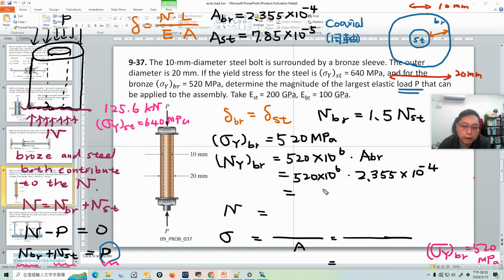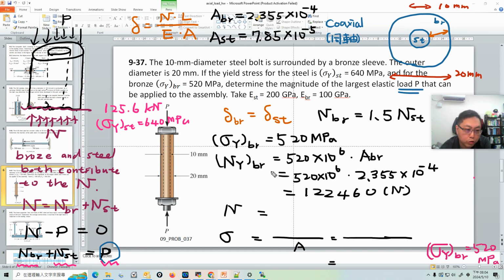So what's the normal force now? 520 times 10 to the power 6 times 2.355 times 10 to the power minus 4 will give you 122460 Newton.